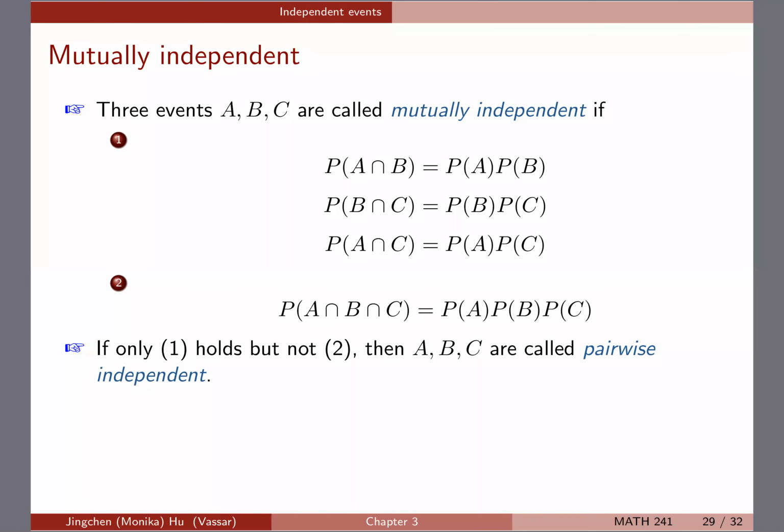If only the first holds but not the second, then we call A, B, C pairwise independent, because as you can see, the first condition is talking about each pair. But if the second is also satisfied, then we call it mutually independent.